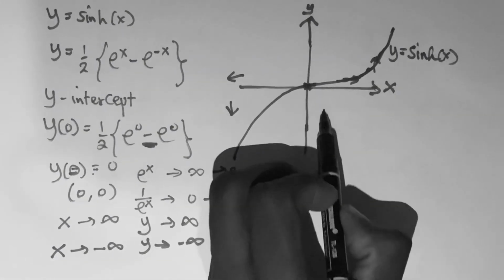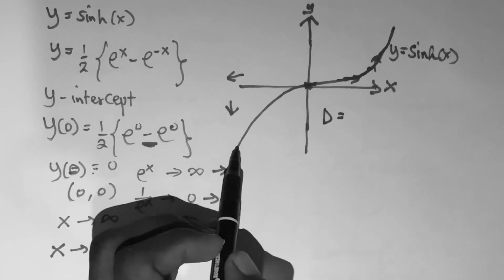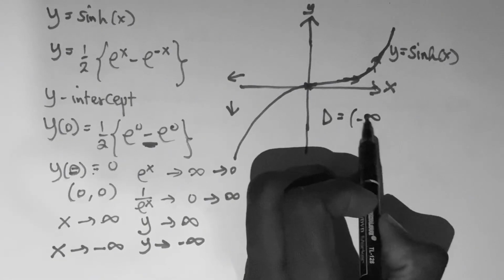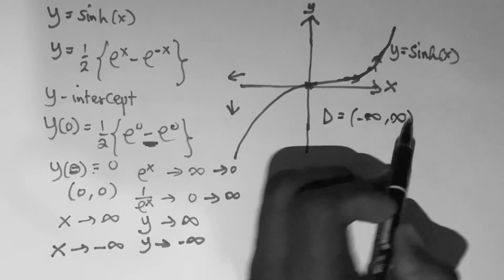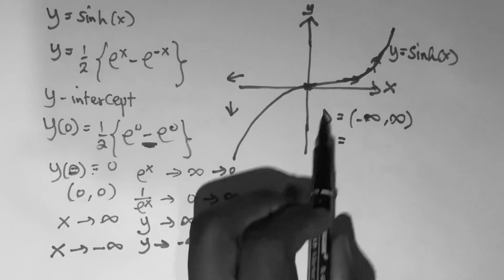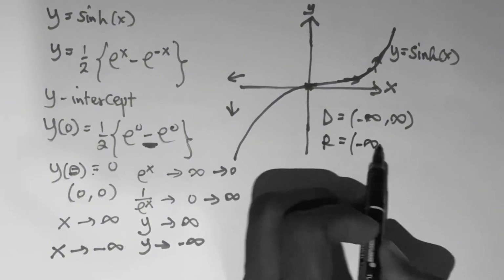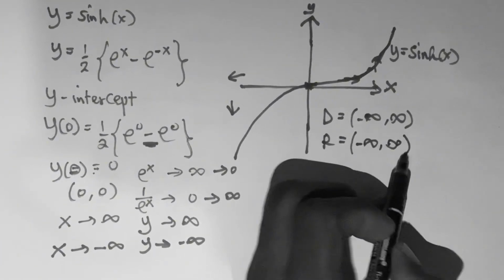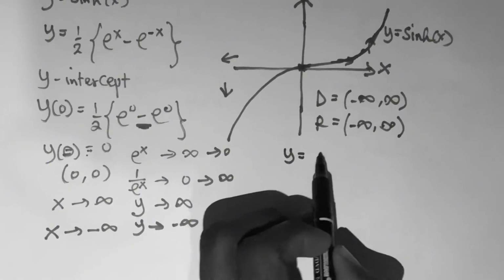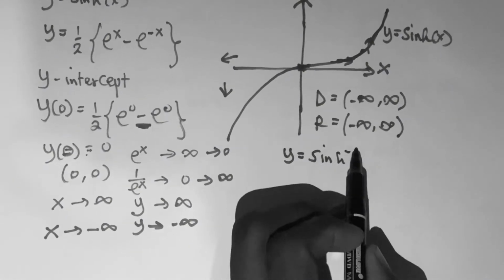Now let's determine the domain. The domain is from negative infinity to infinity. And the range too is also from negative infinity to infinity. Now, what if y was hyperbolic sine inverse of x?